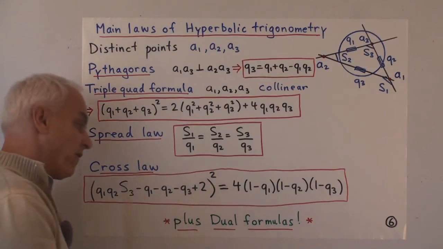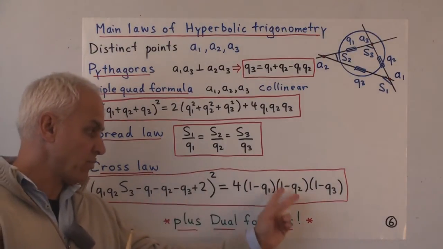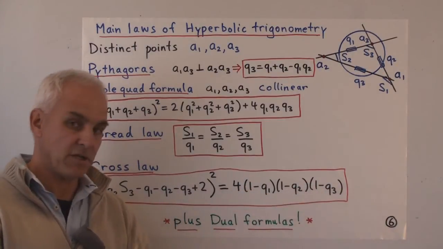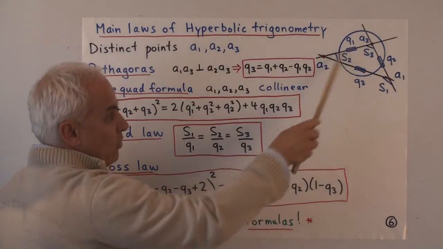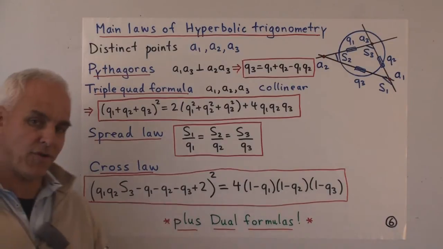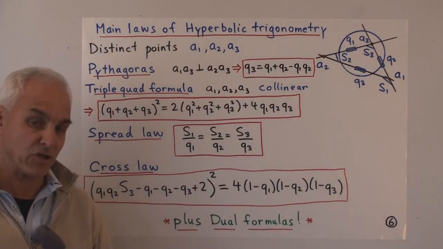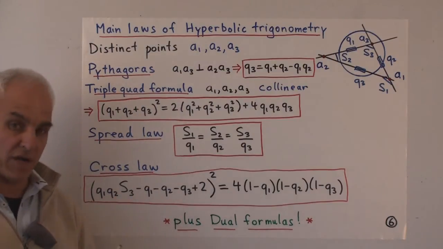You square all of that. What you get is 4 times 1 minus Q1 times 1 minus Q2 times 1 minus Q3. So if you knew the 3 quadrances and you wanted one of the spreads, you could get a quadratic equation for the spread. Not quite as good as in the Euclidean rational trigonometry case where you get an actual formula for the spread. Here you got a quadratic equation for it.